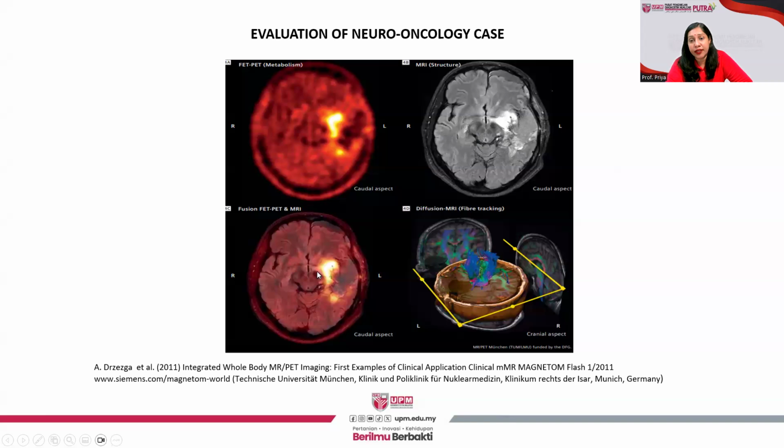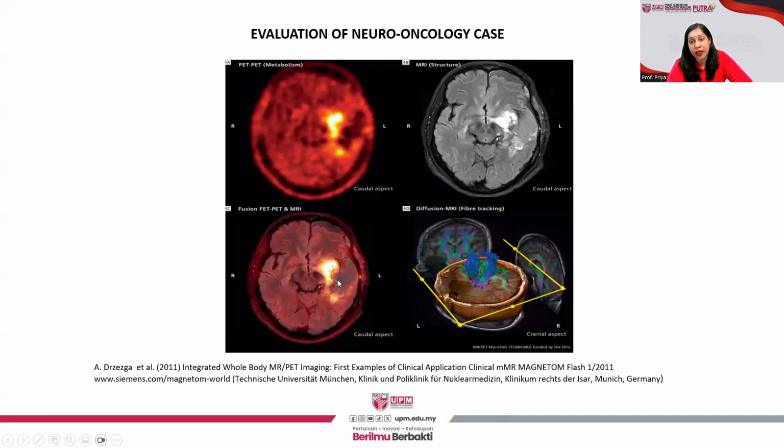post-operative. And this lesion is intense on the FLT, which is an amino acid tracer that is not actually taken up by the normal tissue of the brain, giving a good tumor to background ratio. This shows evidence of residual tumor post-resection of the primary tumor.